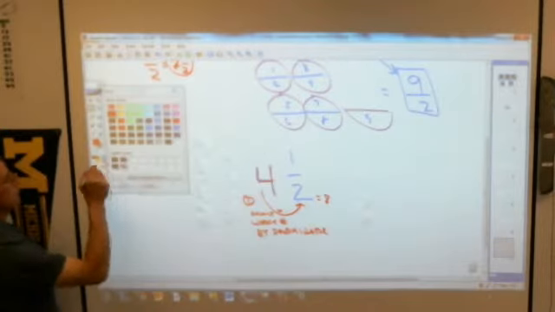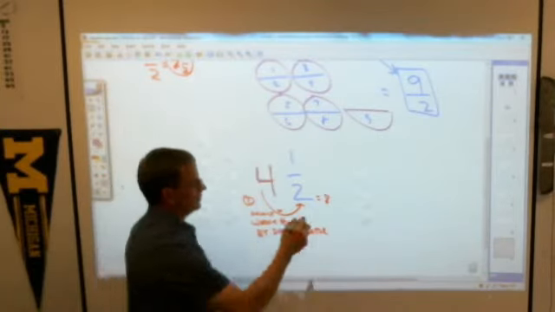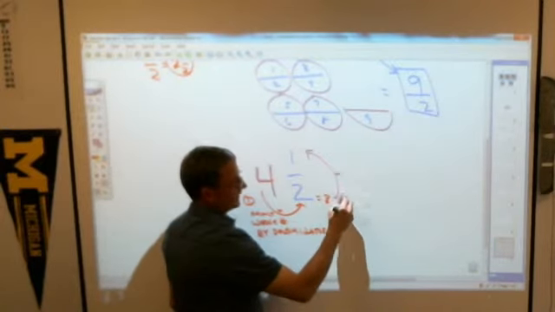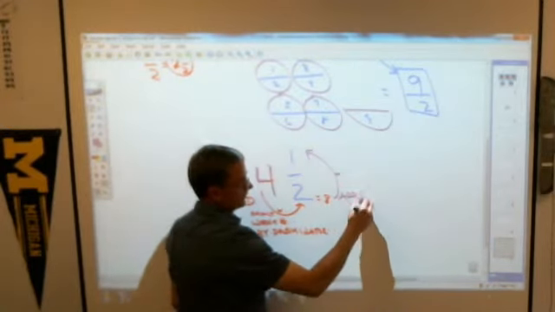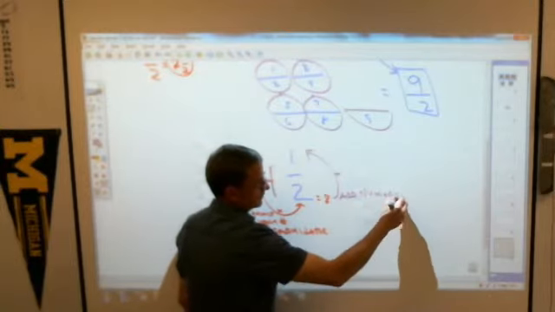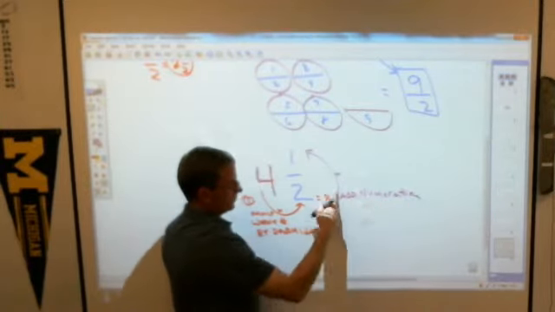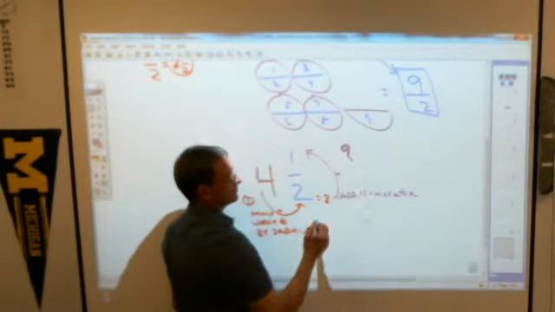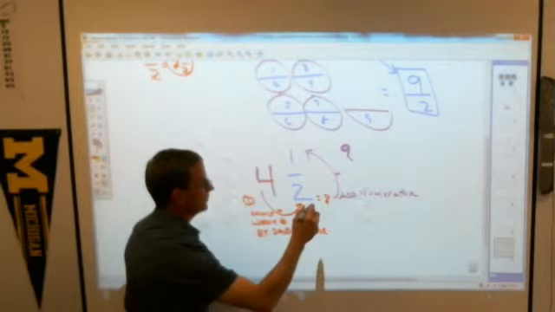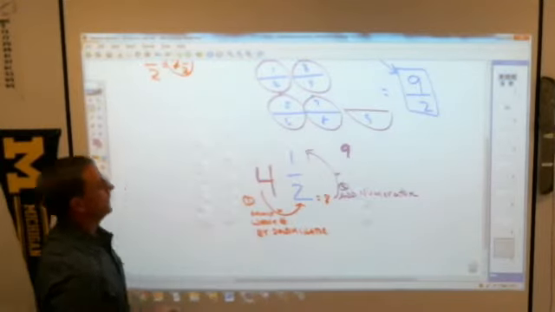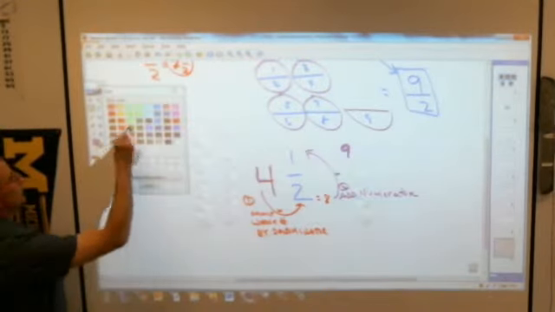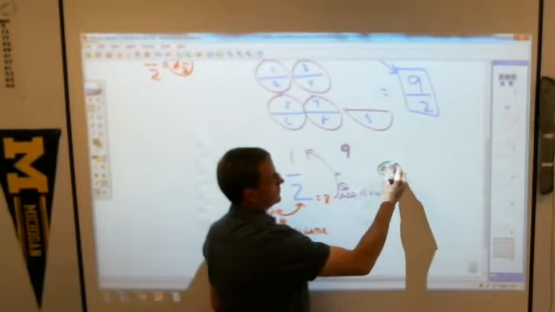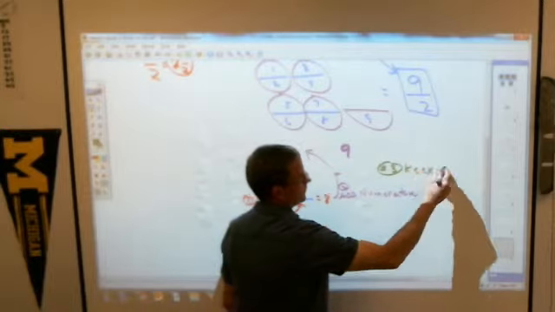Step number 2, once you do that, to this you add the numerator. 8 plus 1 is 9. That's step number 2. And then step number 3 is you keep the same bottom number.